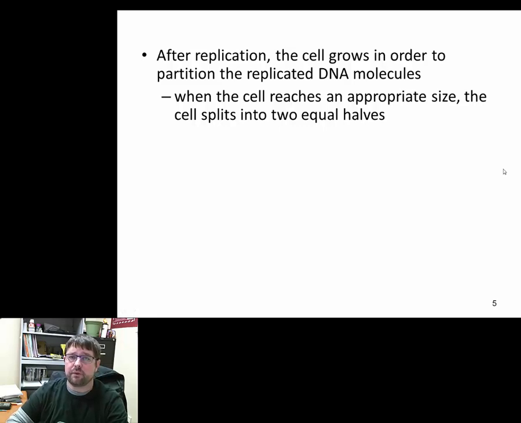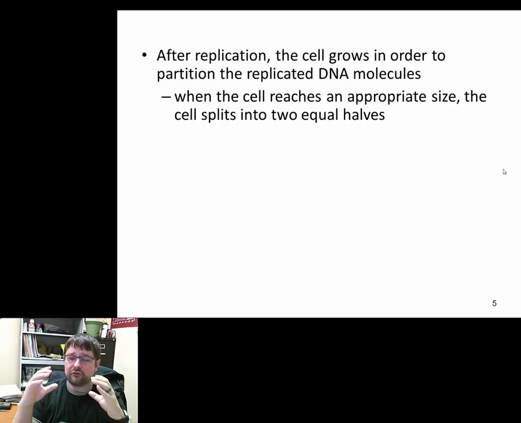So once that replication occurs, so once the chromosomes have been replicated, for a small amount of time, the bacteria or the prokaryote is going to have two chunks of DNA, two chromosomes, until that bacteria can elongate and grow large enough that it would support the cytoplasm splitting in two.